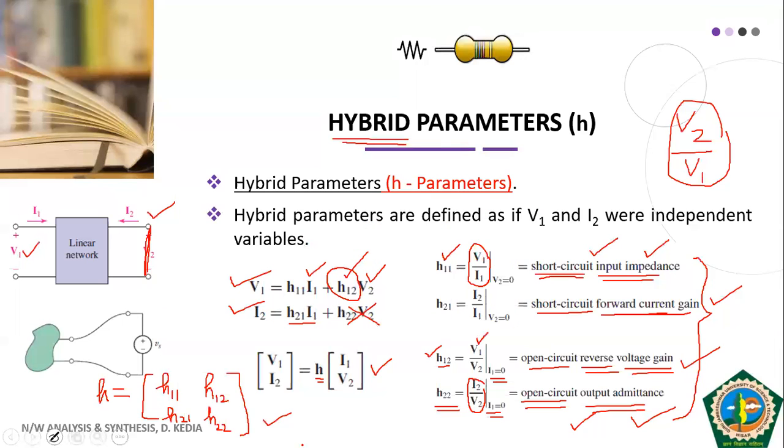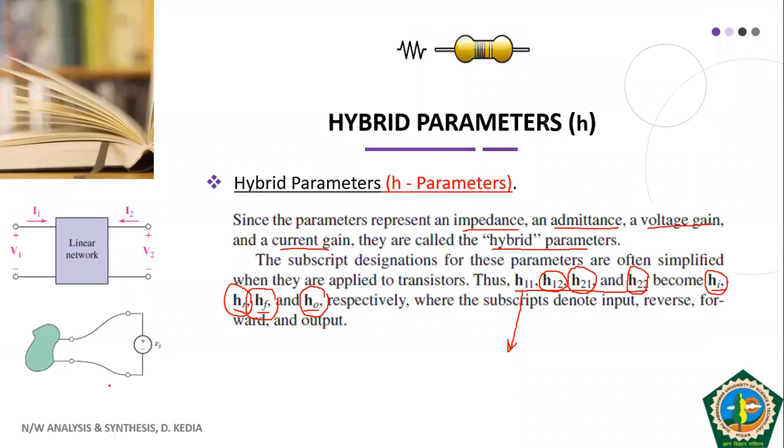So more precisely, we can say that H11 is your HI, H22 is nothing but HO, H21 is nothing but HF, that is your forward current gain, and H12 is nothing but your HR. So this is how you have to correlate your H parameters with the H parameters used to represent our bipolar junction transistor.